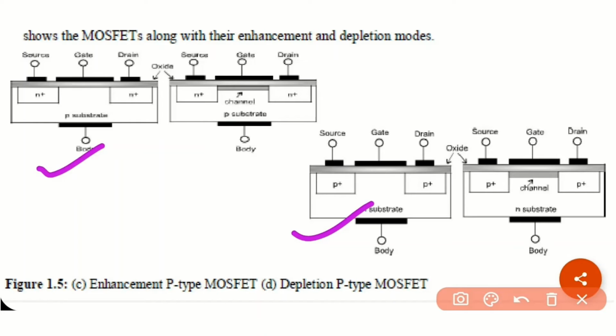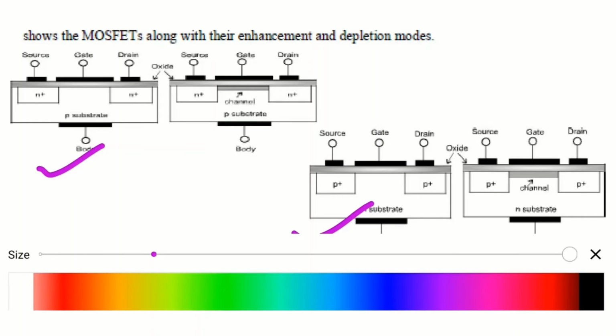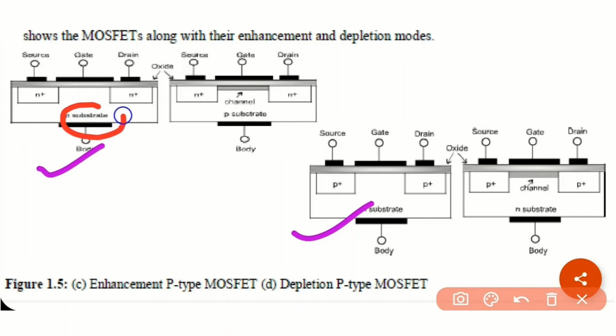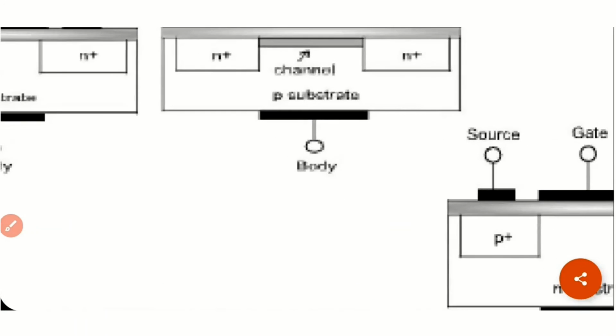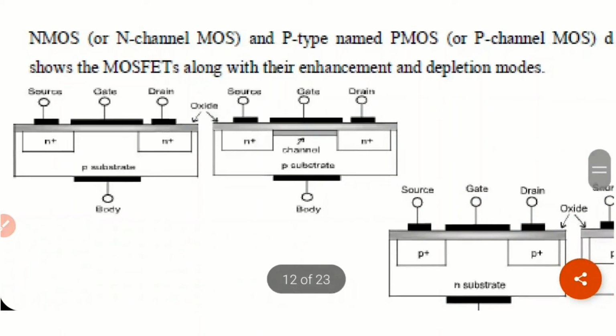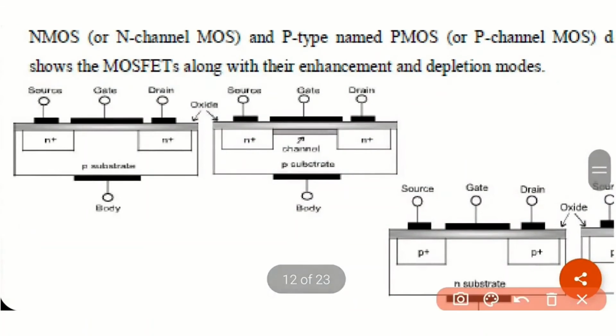Clear? So first of all I will discuss the first diagram, which is on the left hand side. Let me change the color. So if you observe, let's first zoom it. What you are observing here, you are having a P substrate.